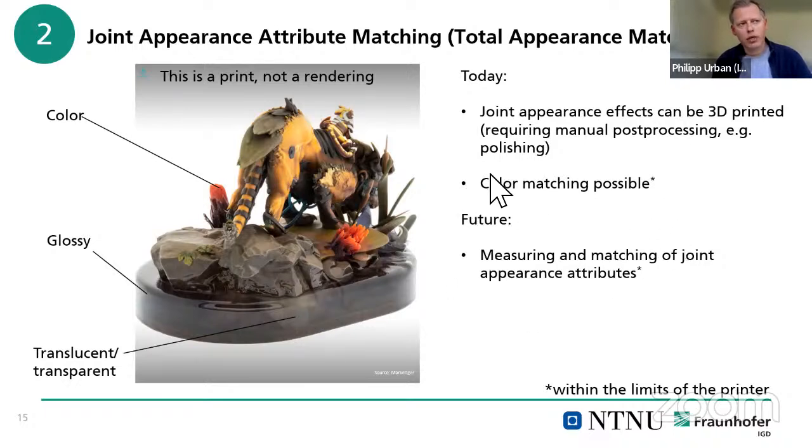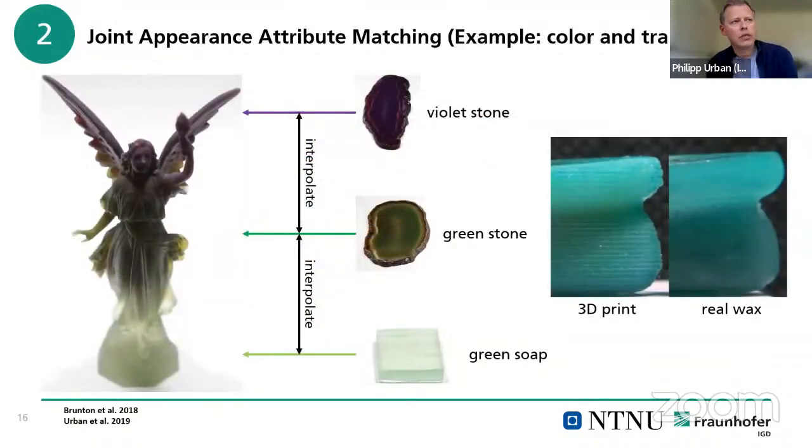This is at the moment not possible. Color matching is quite good already within the limits of the printer, but in the future, the idea is to measure and match appearance in printing. I will give you an example of how this could look from our recent work on color and translucency.